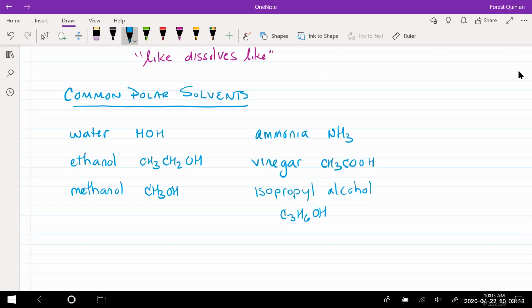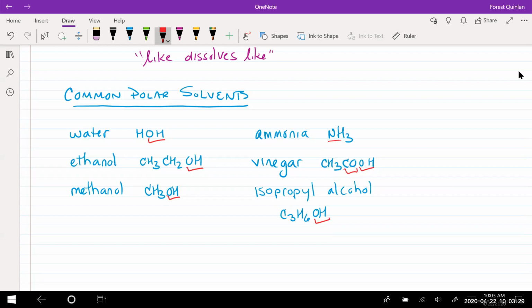But hopefully it doesn't take too much imagination to see what's the main thing trying to make sure that these all dissolve. That good old OH or even the CO bond. We got a little NH, these OH.